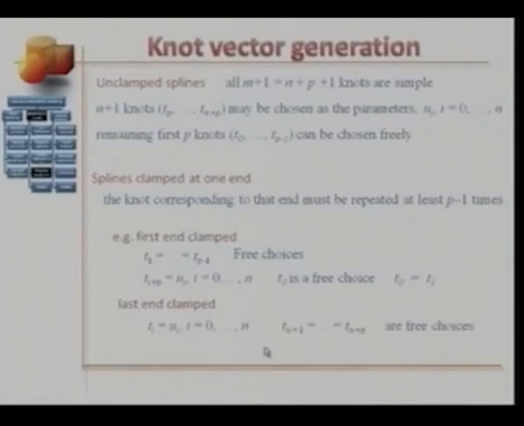And then we can set tn plus 1 equals tn plus 2 equals tn plus 3 up till tn plus p. How many are these? There are p of them, and these are free choices for us.